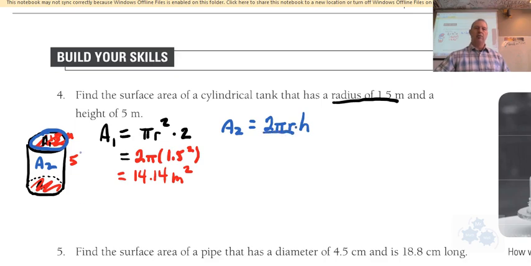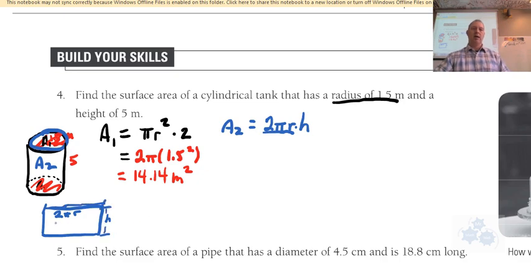In the net diagram, that's like the length. 2 pi r and then you have h, so 2 pi r times h. That's the area of the wraparound part. So 2 times pi times, what was that radius again? Oh yeah, 1.5. And the height was 5.